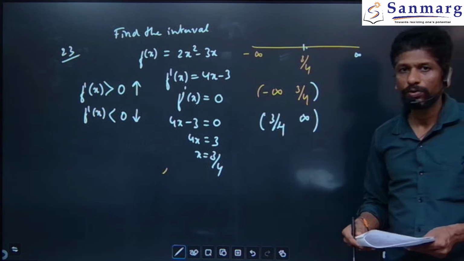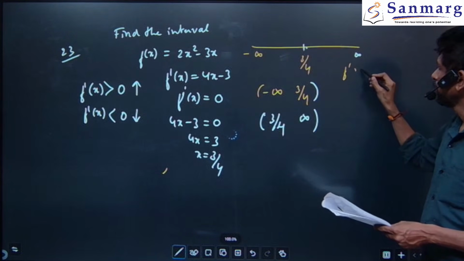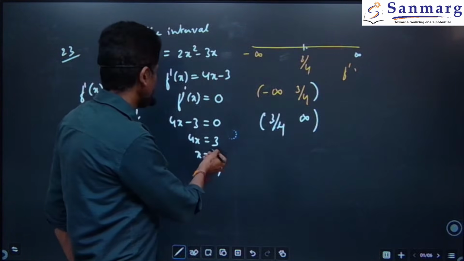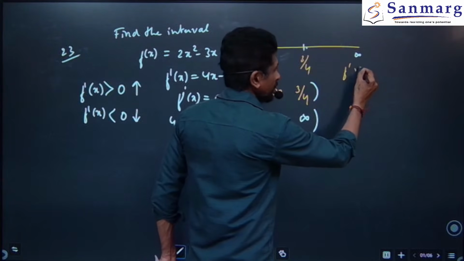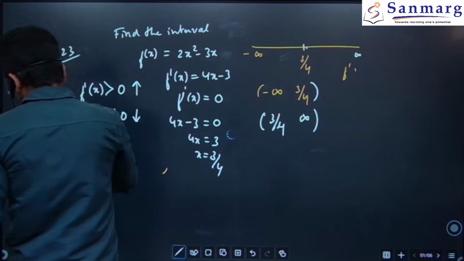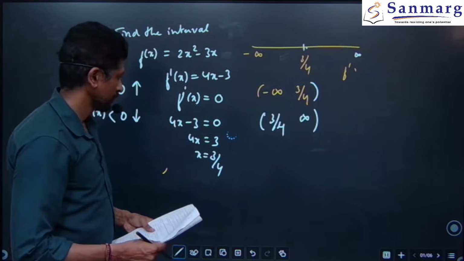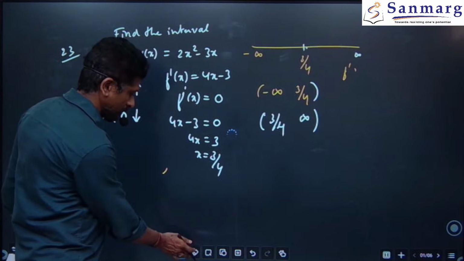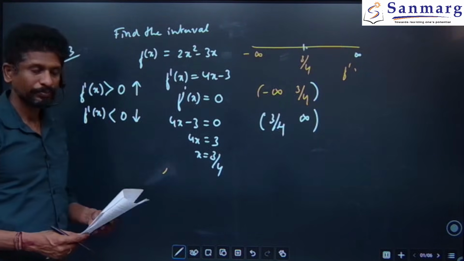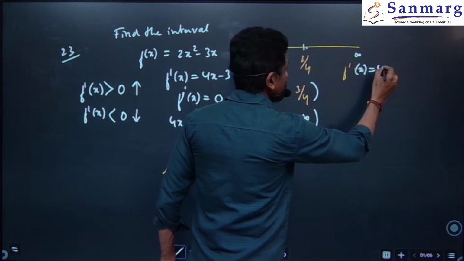In these you have to find out whether f dash of x is greater than 0 or less than 0. So f dash of x is 4x minus 3 here.